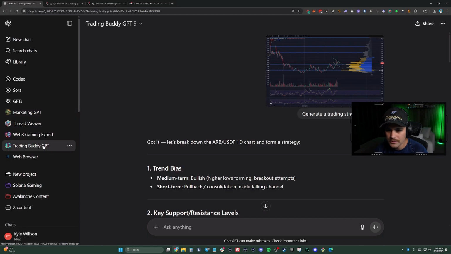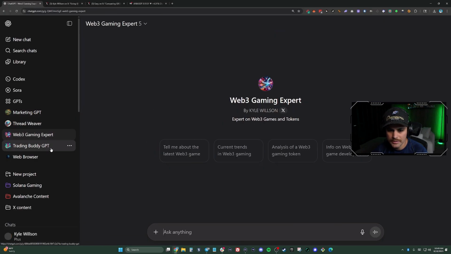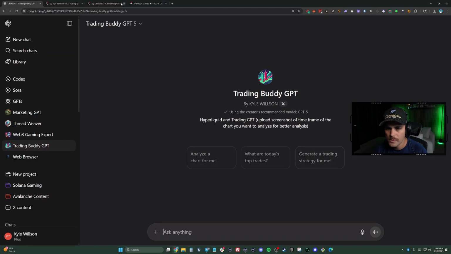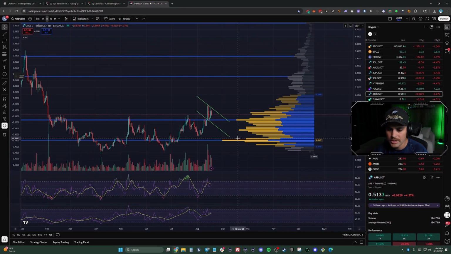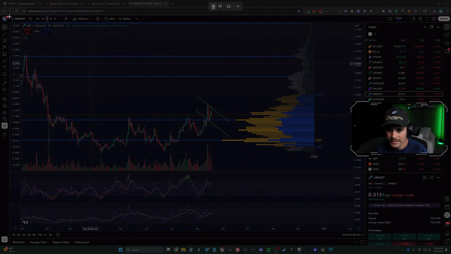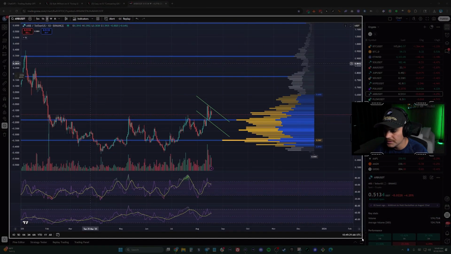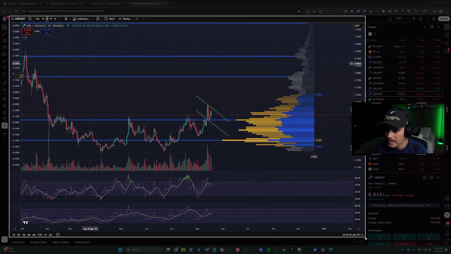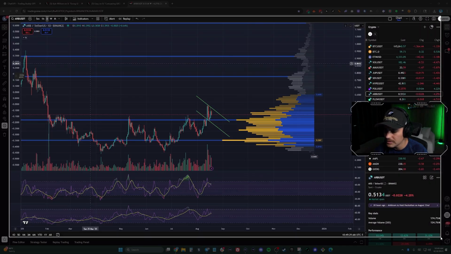What we're going to do is click on this and try to do another setup here. We're going to take a screenshot of Arbitrum. This is all you have to do. And this is the best use case of how to use this GPT. Actually, I'll even screenshot ETH.